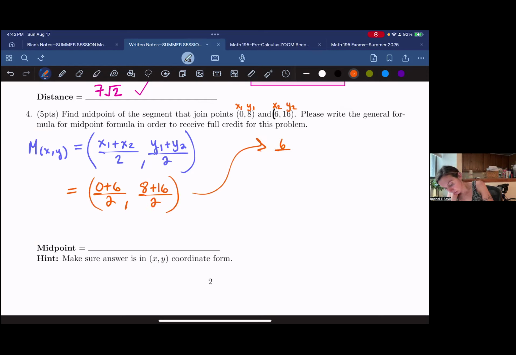Six divided by 2 is just 3. And 8 plus 16 is 24, and half of 24 gives you 12. So our midpoint is just 3, comma 12. And that completes question 4.